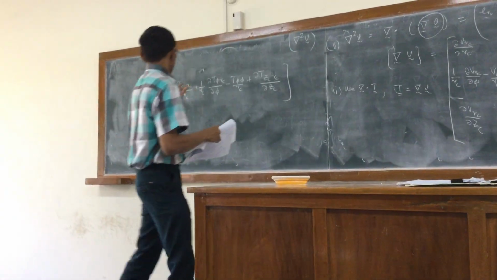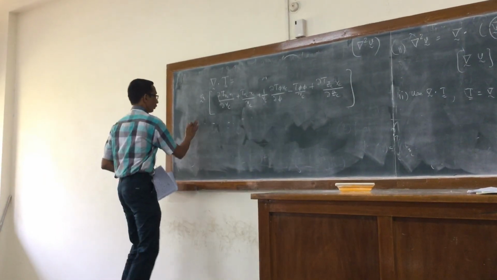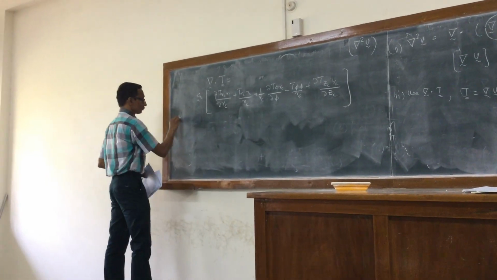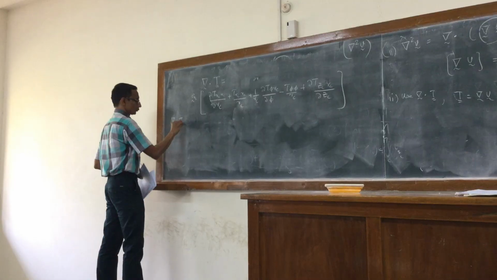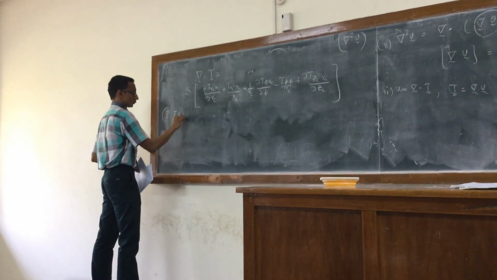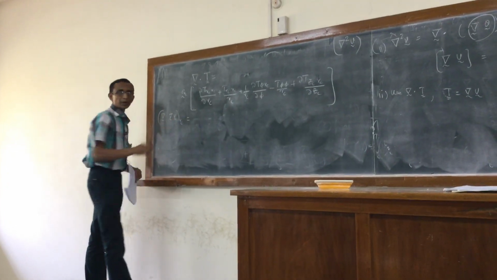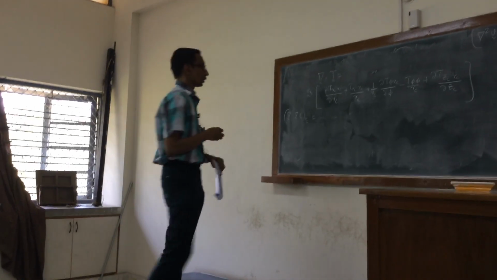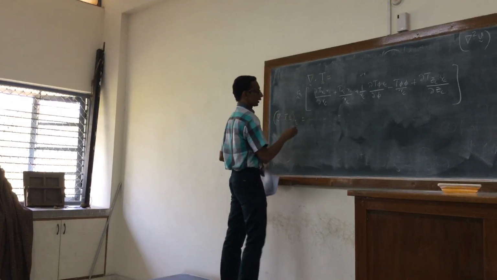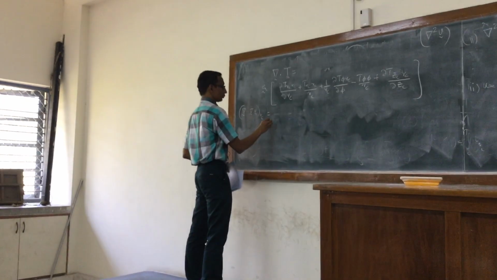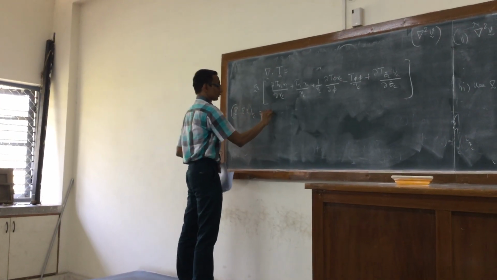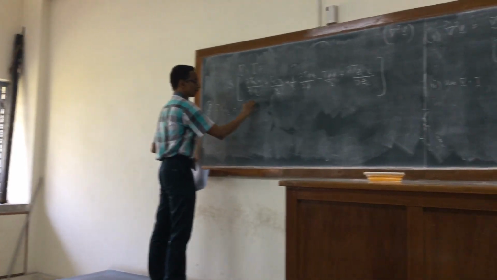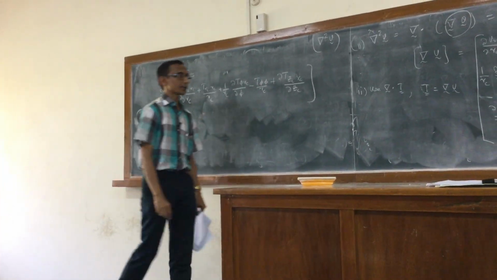So now let's take the component in the r_c direction. Let's try that. So what would this be? This would be d by d r_c. What would now be d r_c r_c?